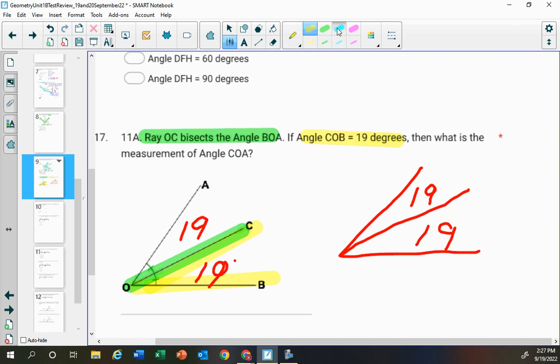That's why highlighters might be important. COA is this guy right here. So the best thing to do, right away, you see the bisector? Put 19 here, put 19 there.